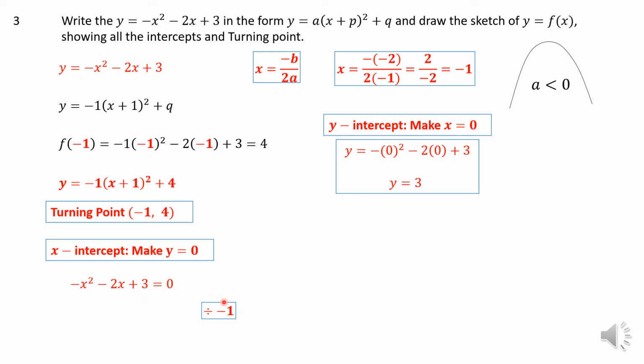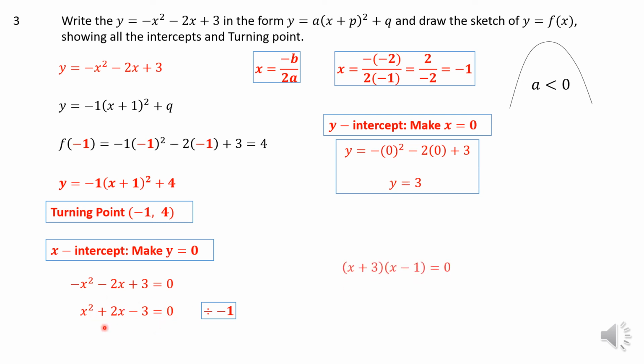The property of 1 is such that when you divide a number by 1 or by -1, or multiply a number by 1 or by -1, it basically is the same thing. So when I do that, the negative changes everything. This minus x squared becomes positive x squared, the minus 2x becomes positive 2x, and the plus 3 becomes negative 3. Obviously 0 divided by -1 still gives you 0.